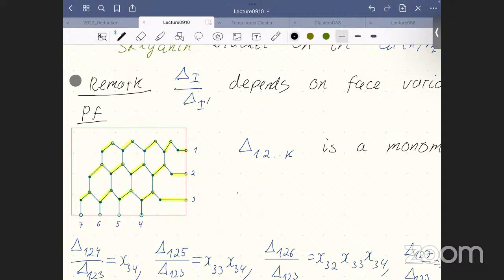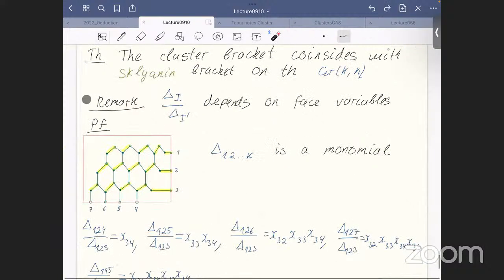But moreover, if you take, for example, delta 1 to 4, then this part remains the same. And for vertex 4, we have to pick this edge and this edge and this and this and this. So the ratio of the dimer configurations of 1 to 4 and 1 to 3 is just an X variable.